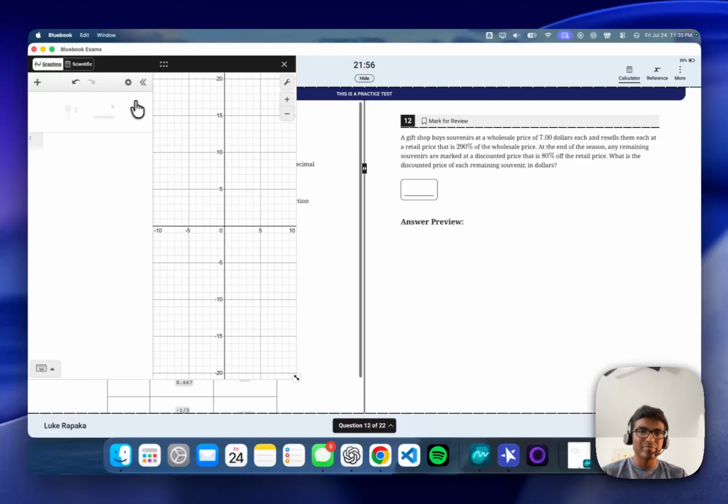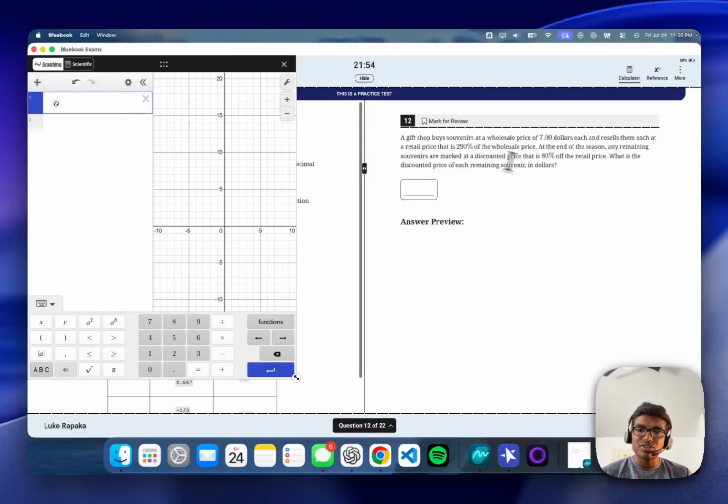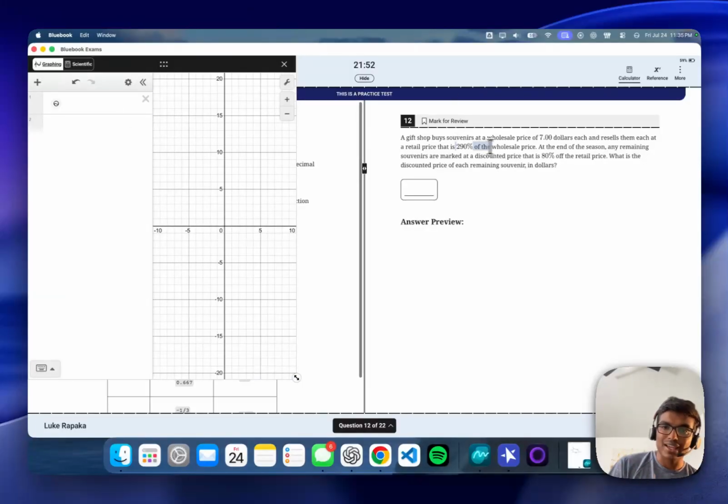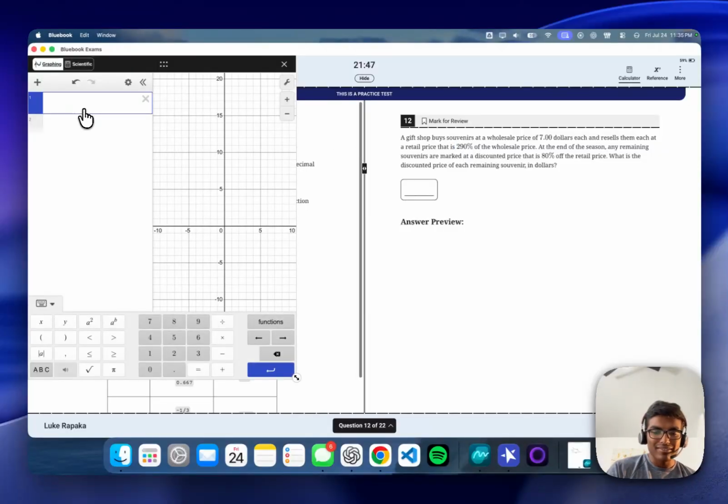So 290%, right? So we have these $7 things, and then they're marked up by 290% of that wholesale price.